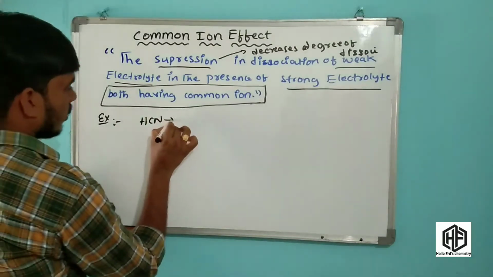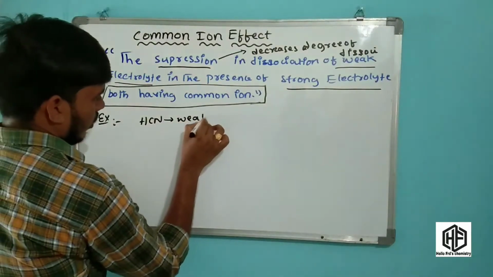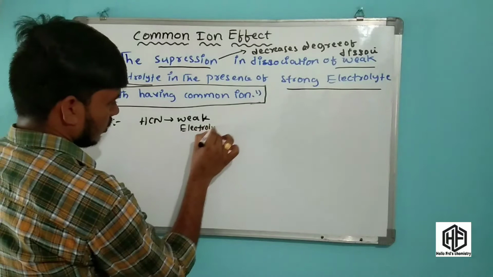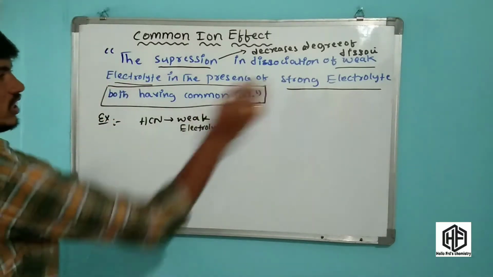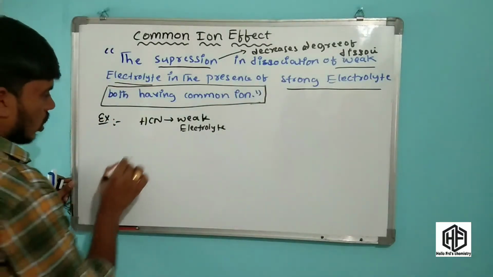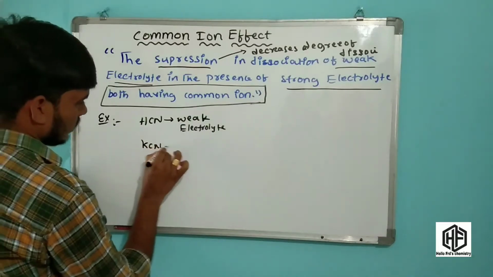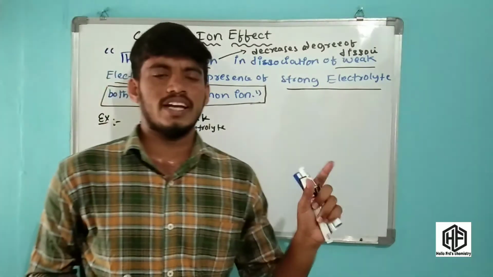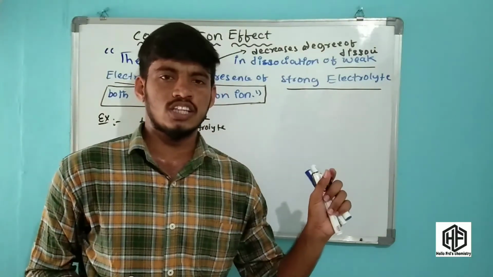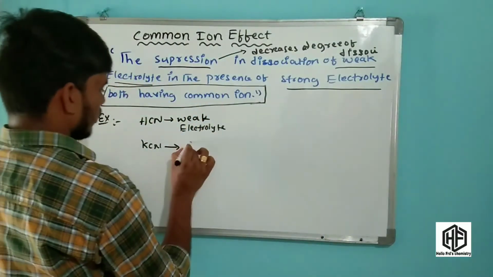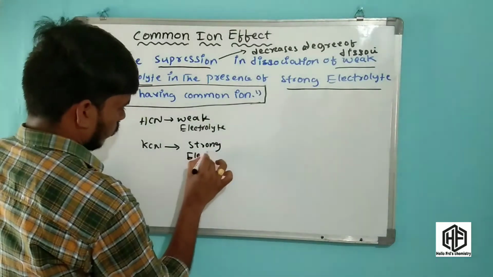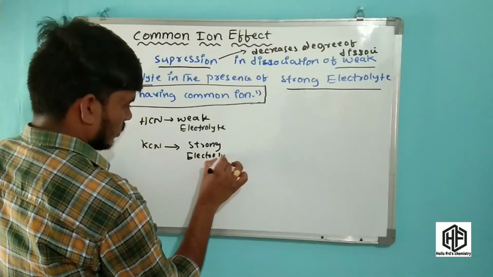And for a strong electrolyte, one example is KCN. KCN is a salt; K plus and CN minus ions are present in it. This is called a strong electrolyte. These two are the examples.